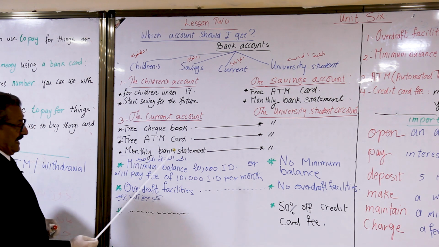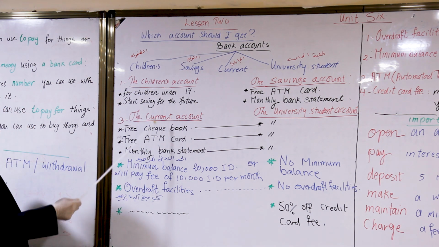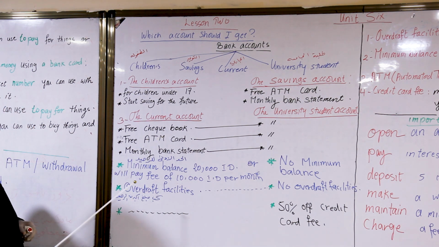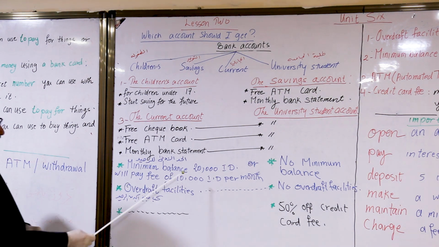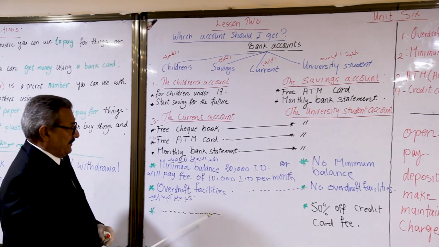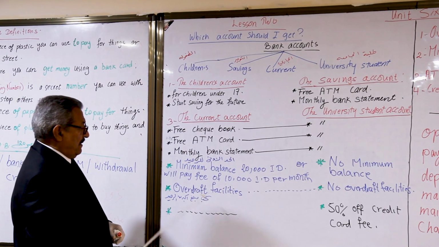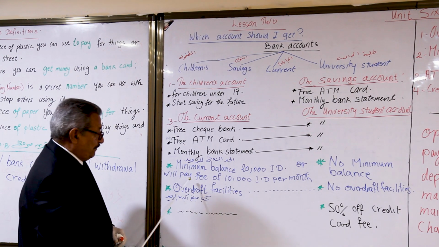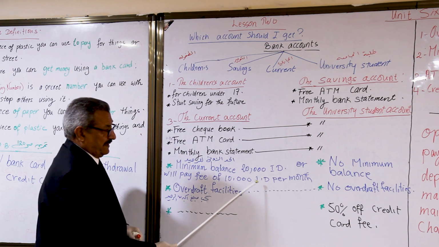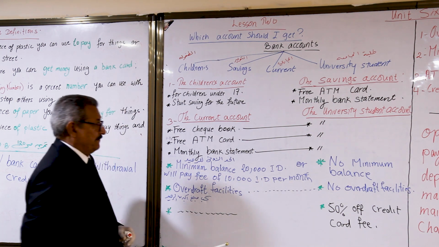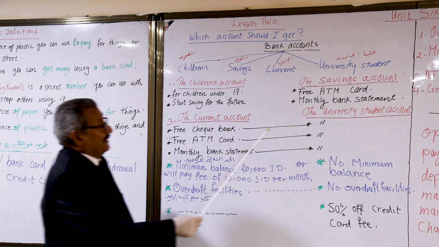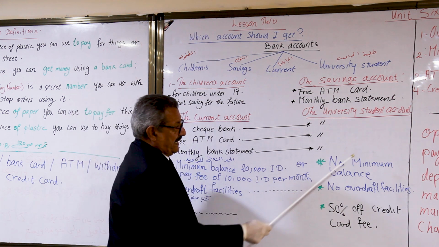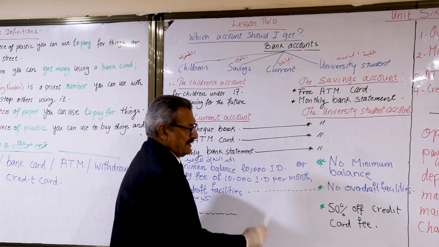The difference is that in the current account there is what is called minimum balance, which is about 20,000 ID, or you will pay a fee of 10,000 Iraqi dinars per month. In the case of the university students account, there is no minimum balance at all.